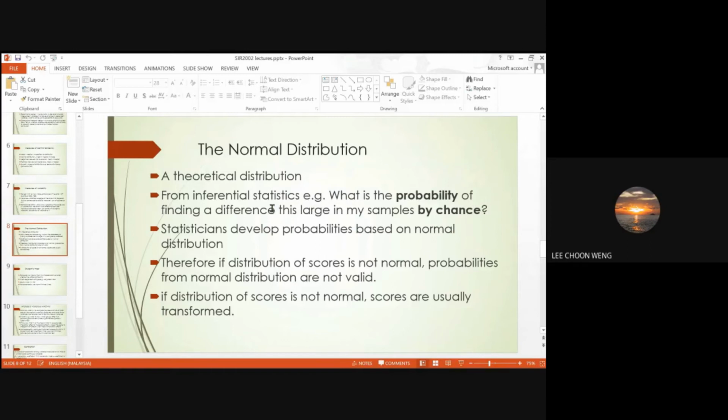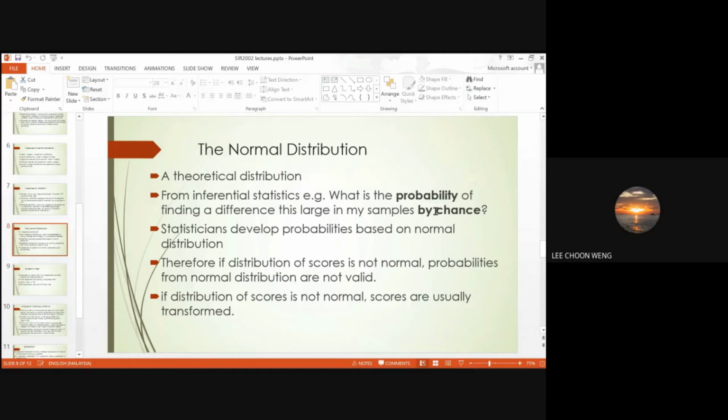If you're doing inferential statistics, we want to know the probability of finding a difference this large in my samples by chance. So the standard criterion that we use is probability p less than 0.05.